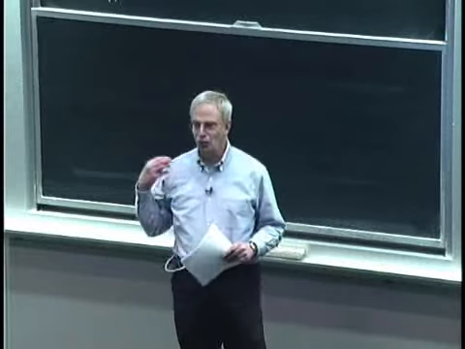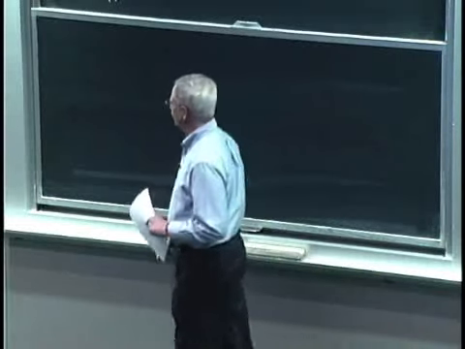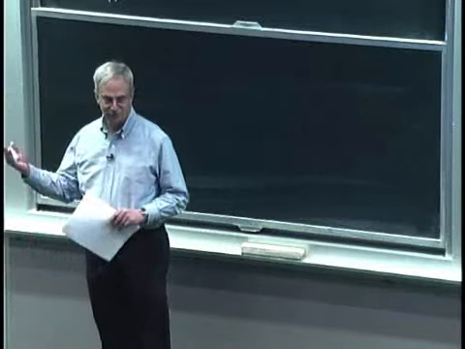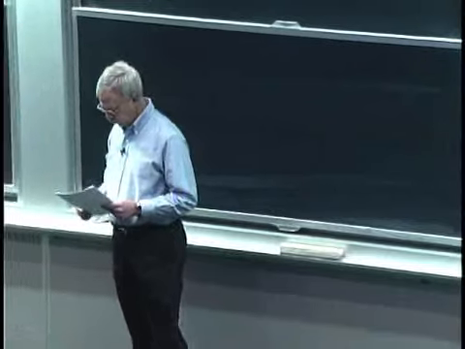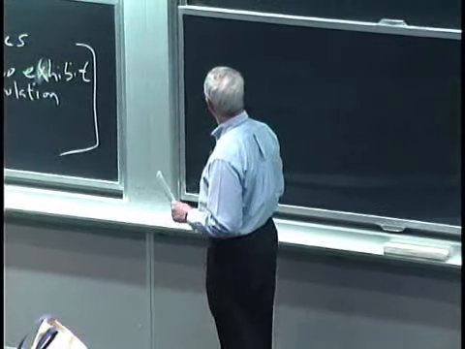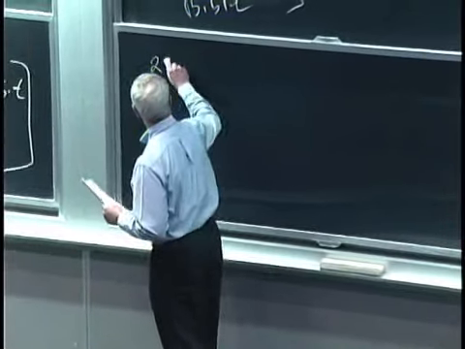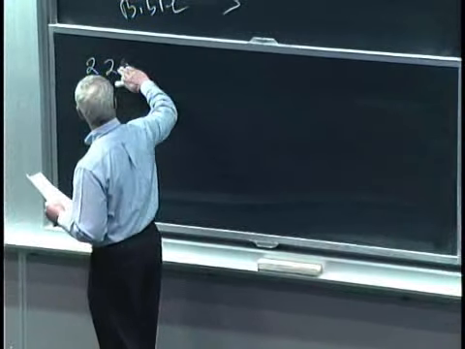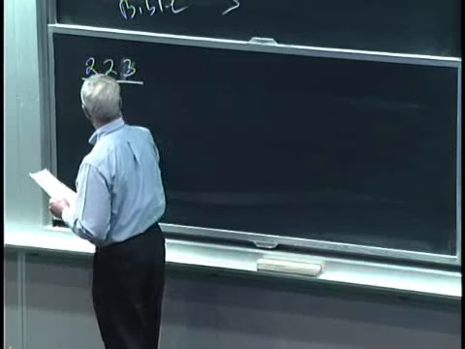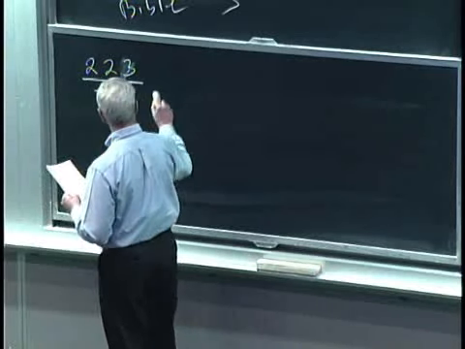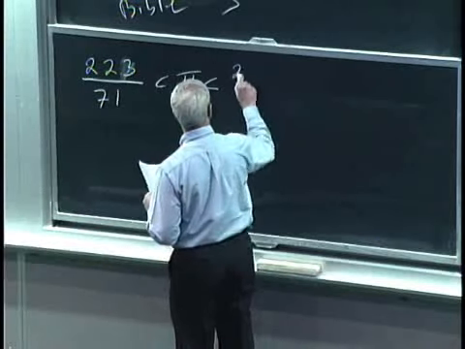The first theoretical calculation of pi was carried out by Archimedes, great Greek mathematician from Syracuse. That was about somewhere around 250 BC. And he said that pi was somewhere between 223 divided by 71 and 22 divided by 7.